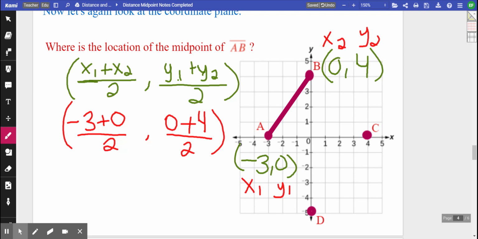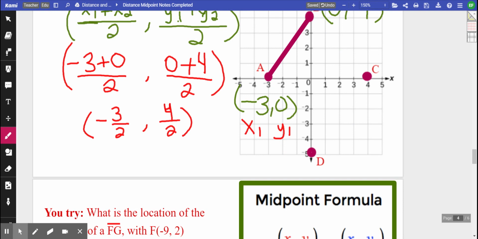Then let's simplify. -3 plus 0 is -3, comma, 0 plus 4 is 4. The last step: -3 over 2 is the same thing as -1.5. You can leave it as a fraction or as a decimal. 4 divided by 2 is 2.